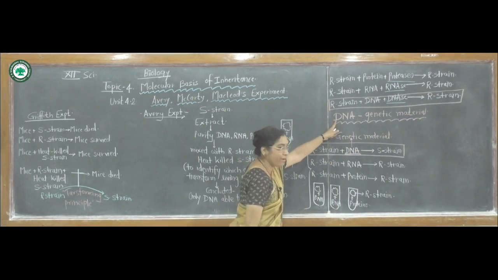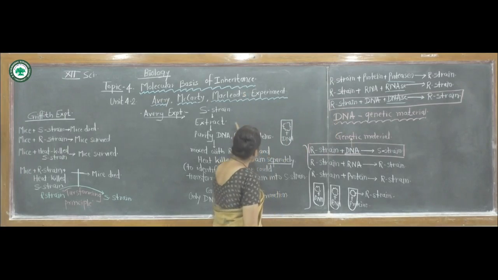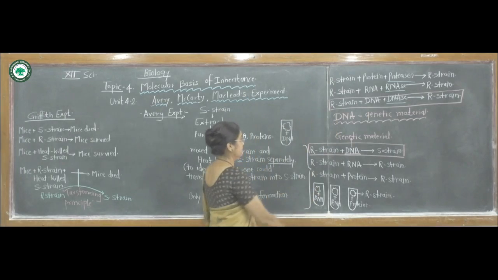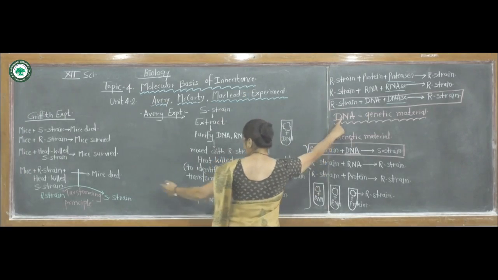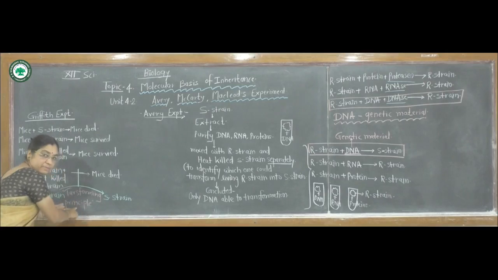What is the DNA according to the Griffith experiment and according to the evidence of the Avery experiment? The DNA is nothing but the transforming principle.